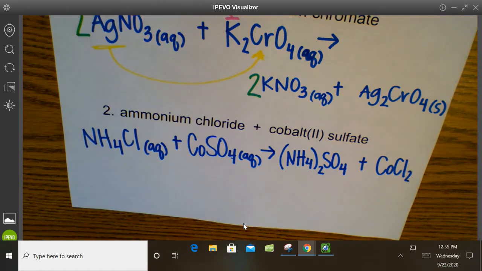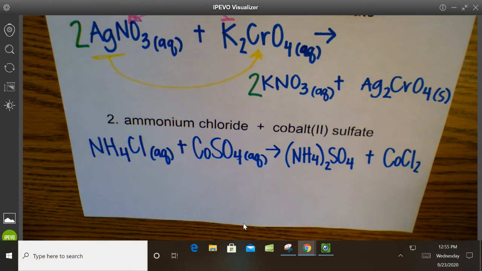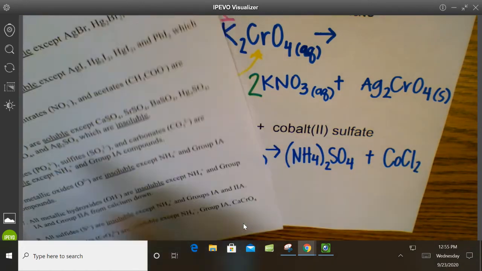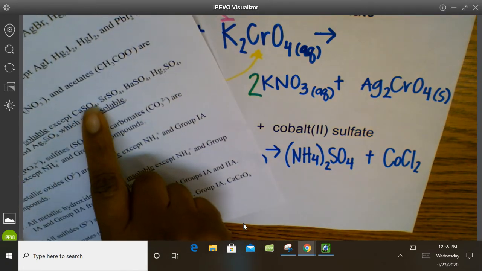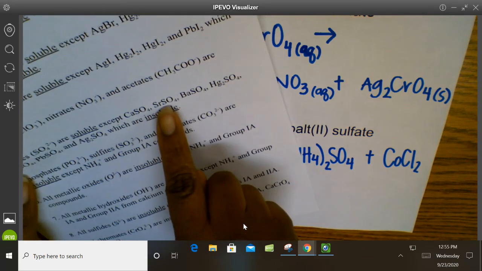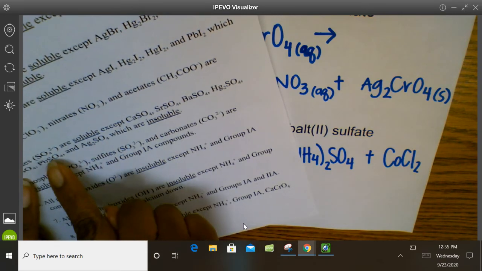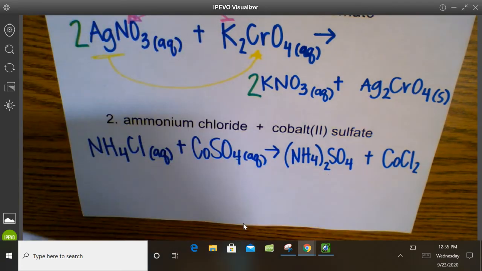All right, let's see if anything is a precipitate. So I go back to my sheet and I see that sulfates are soluble except when they're connected to these elements here: calcium, strontium, barium, mercury 1, mercury 2, lead 2, and silver. And that's not any of these.